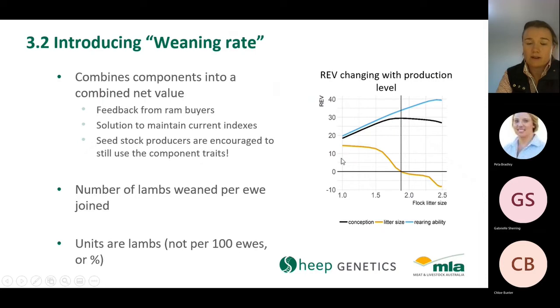The economic value is on the vertical axis. As flock litter size increases, the value of increasing our litter size decreases. Our conception plateaus, but our rearing ability becomes increasingly important. So actually weaning those lambs at higher litters is increasingly important.